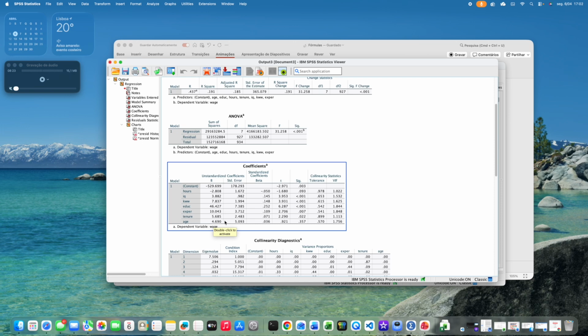To the right, we have the standard error of the coefficients, which is a measure of how precise each coefficient is. Okay, the smaller the value, the better, because it means that the coefficient was estimated without much variability.